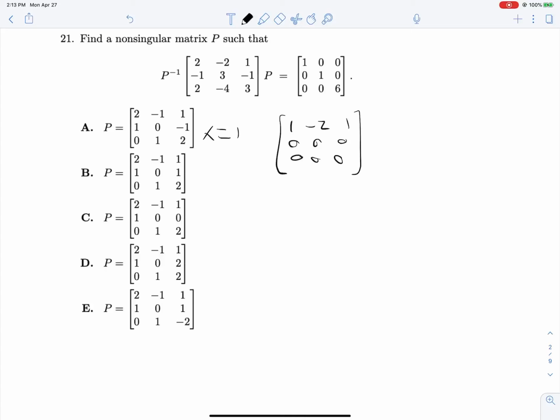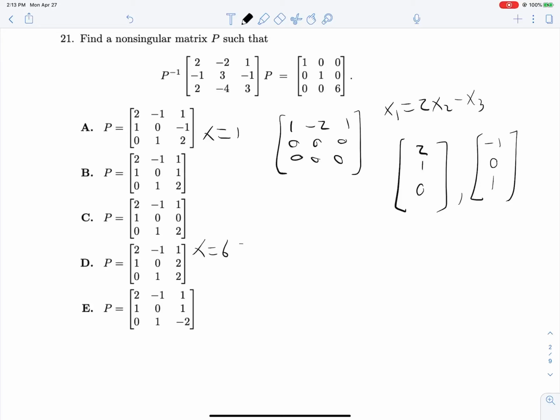Because x2 is free and x3 is free, we can rewrite this equation equal to 0 as x1 is equal to 2 x2 minus x3. So an x2 vector will have 2, 1, 0, and an x3 vector will include negative 1, 0, 1. Those are our 2 vectors corresponding with lambda equals 1.